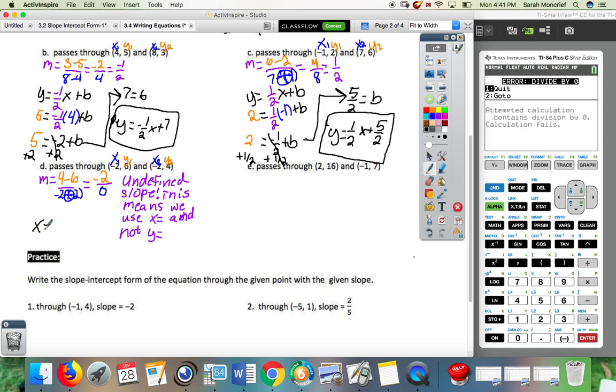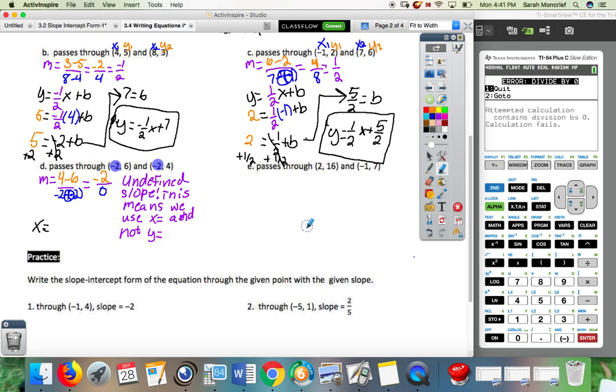Now, we're going to do x equals our x value. So I'm going to erase some stuff up here so we can look at it a little clearer. So if you look at both of our x values, -2 and -2, we notice that they are both what?